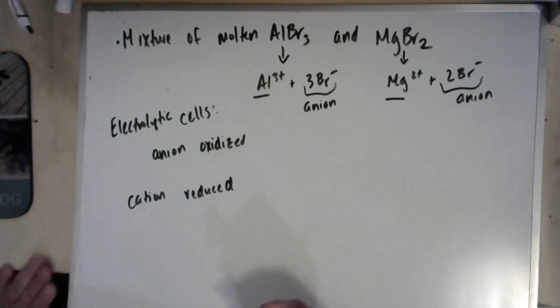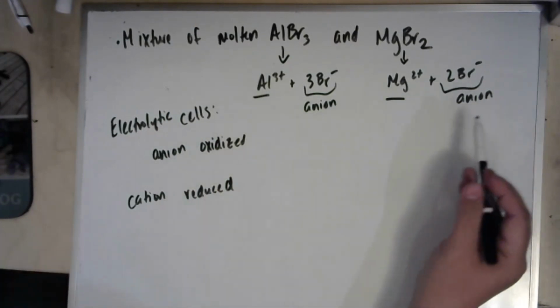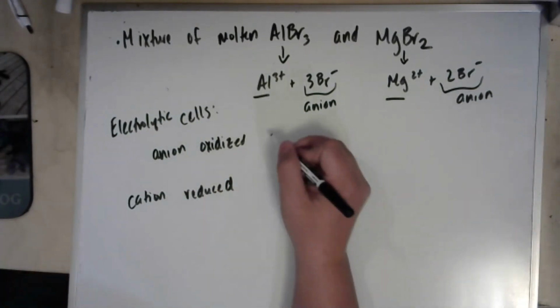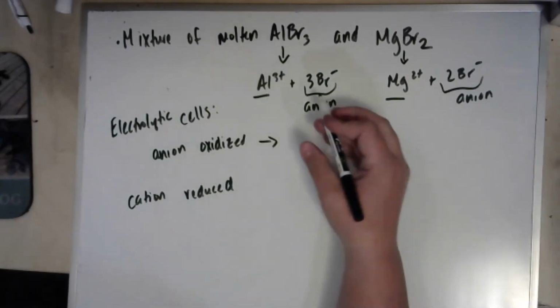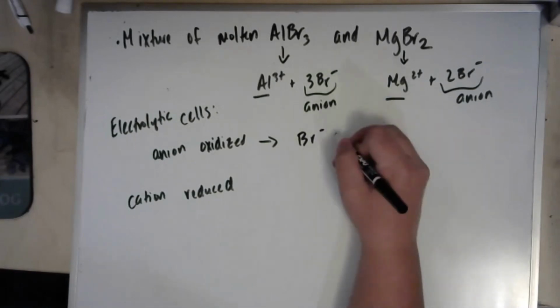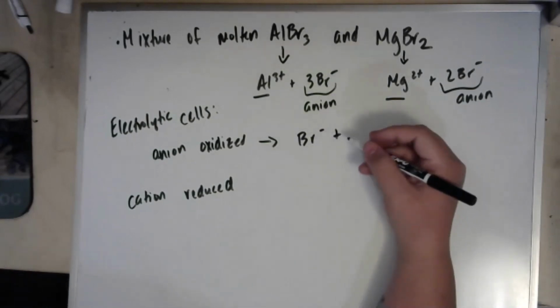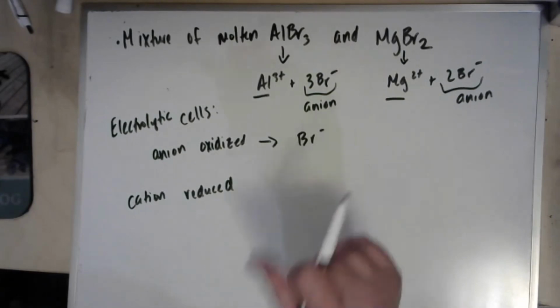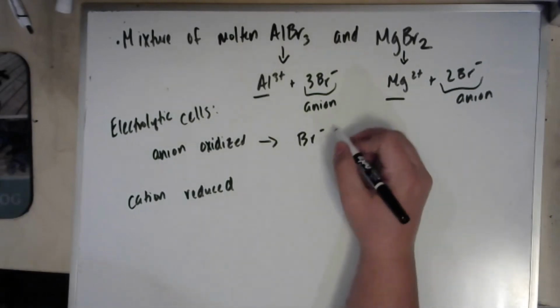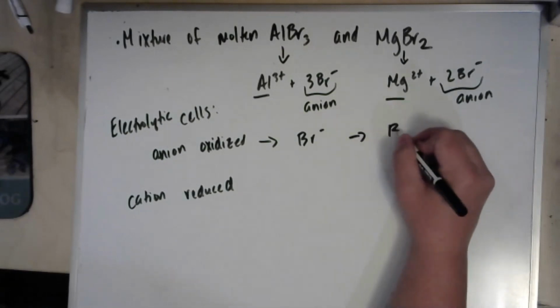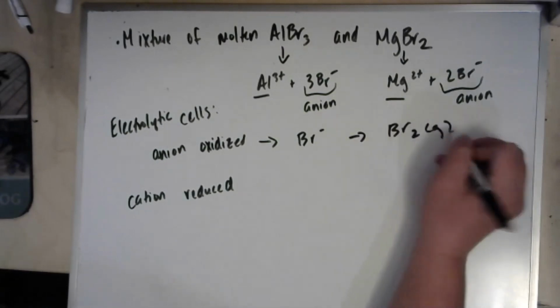There's only one anion type, so that's fine. We know what our oxidation reaction is going to be then. We're oxidizing this one, so it's going to be Br- goes to Br2 gas.